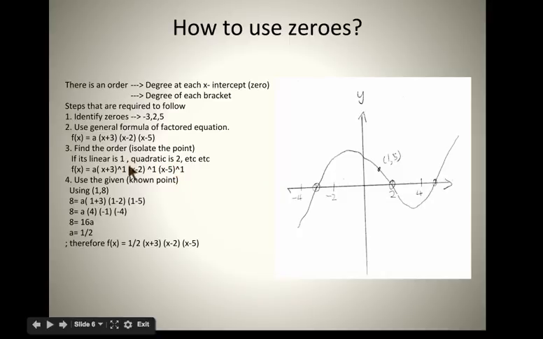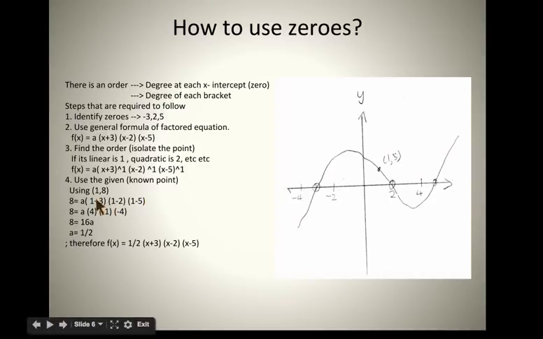If it's linear it is 1, quadratic is 2, and so on. f(x) would equal a(x plus 3) to the power of 1, (x minus 2) to the power of 1, and (x minus 5) to the power of 1. Use the given known point, which is (1, 8).